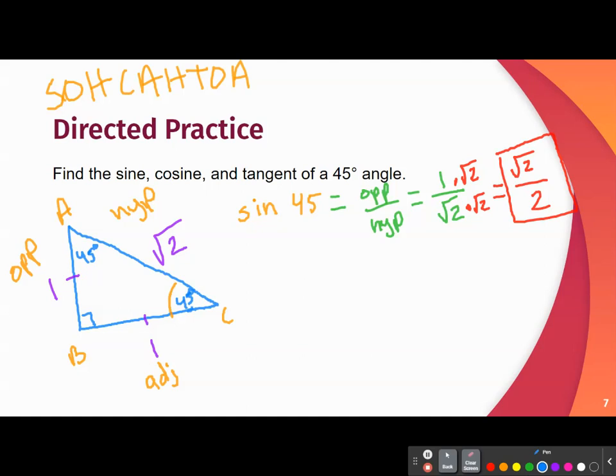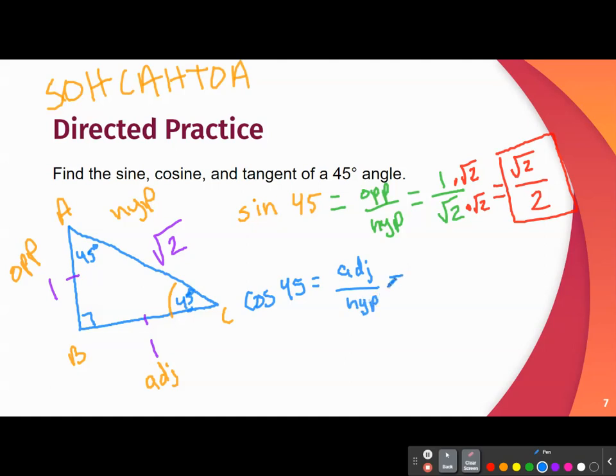Okay, now let's do cosine of 45. Cosine of 45. Lakin, what's the formula for cosine of 45? Perfect.